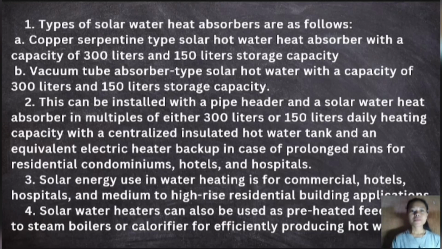Number one, types of solar water heat absorbers are: copper serpentine type of solar hot water heat absorber with a capacity of 300 liters storage, and vacuum absorber type of solar hot water with a capacity of 100 liters storage.